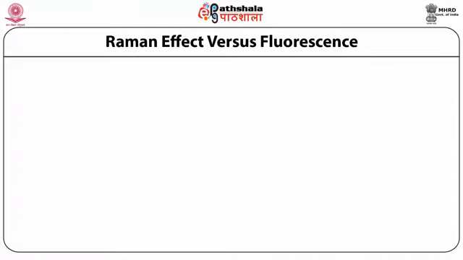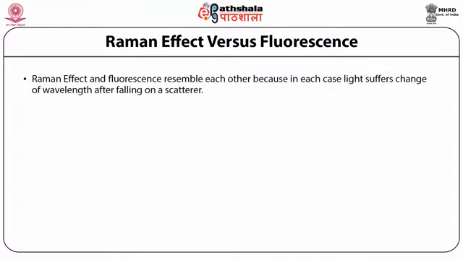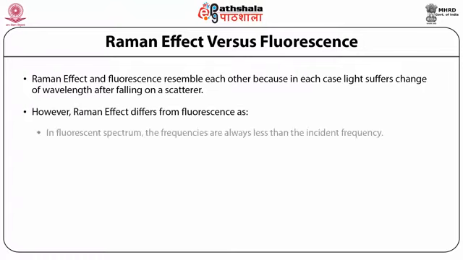Raman effect versus fluorescence. Raman effect and fluorescence resemble each other because in each case light suffers change of wavelength after falling on a scatterer. However, Raman effect differs from fluorescence, as in fluorescence spectrum the frequencies are always less than the incident frequency.